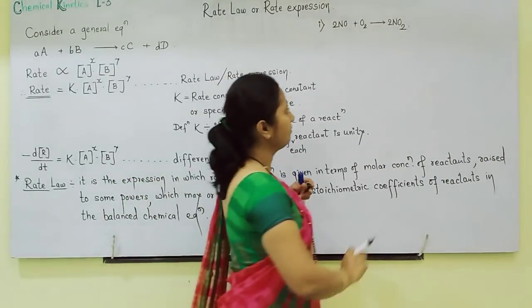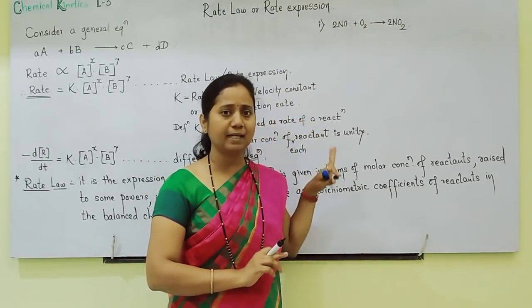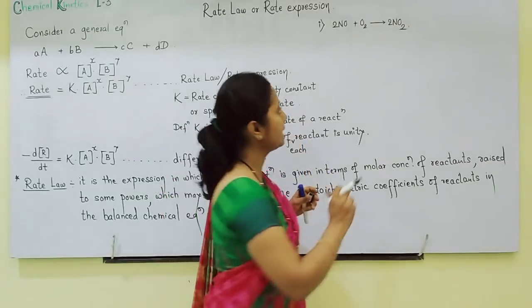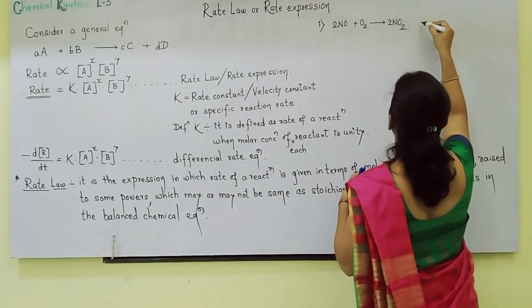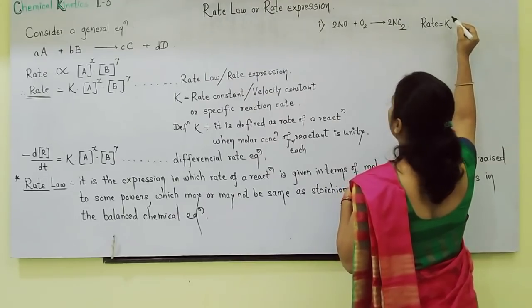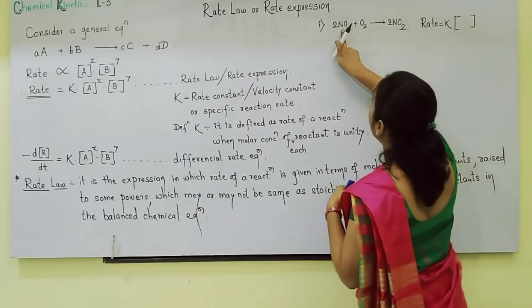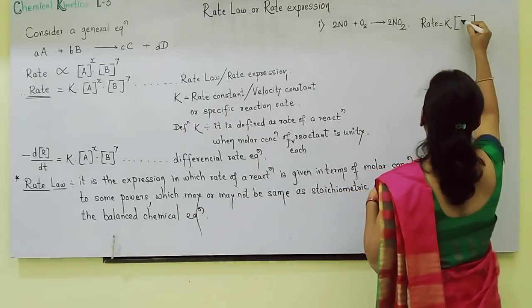I want to write rate. I cannot write rate directly, but an experiment is performed and after the experiment rate is written. How is it written? See, student. By rate law I am writing rate. Rate is equal to rate constant K and reactants. Who are the reactants? NO and O2.